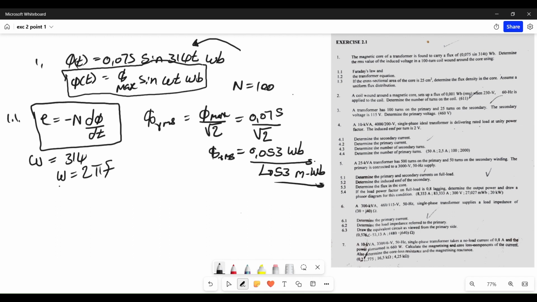This is the equation for the rotational speed. In this equation we're not told anything about the frequency, so we use this equation to get the frequency. So 314 divided by 2 pi is equal to 60 hertz.